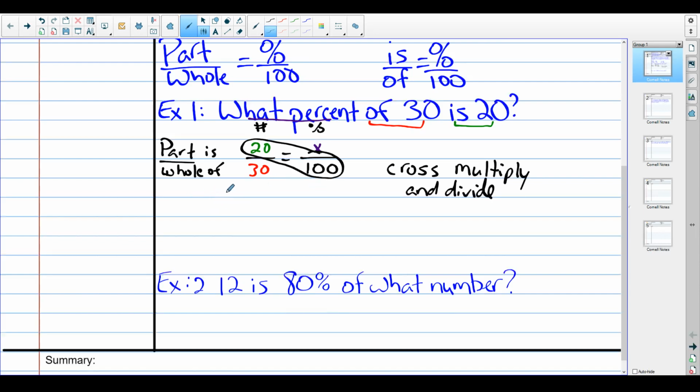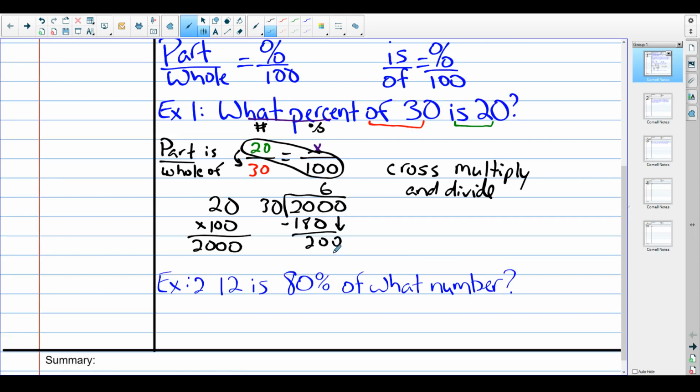So we have 20 times 100, which is 2,000. Then we divide that by the number we got when we multiplied. So 2,000 divided by 30. It's not a great number. This is going to be repeating. That's okay. 30 goes into 200 6 times, so that's 180.